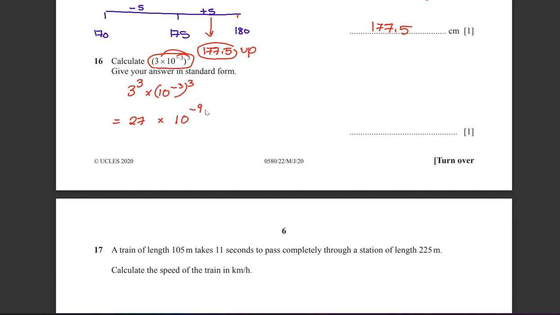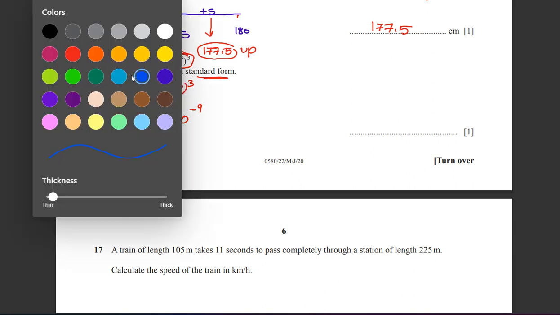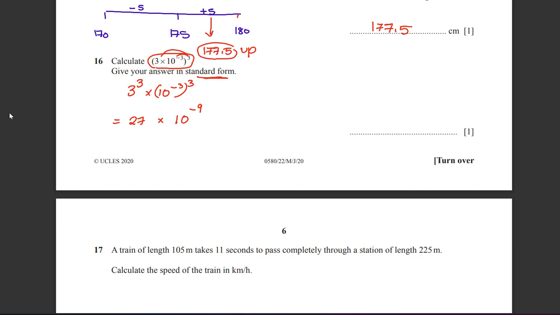Standard form means before the point there is only one digit. So I am going to send it backwards. Sending it backwards one step means plus 1. So it will be 2.7 times 10, and negative 9 plus 1 will be negative 8. So the final answer is 2.7 times 10 power negative 8.